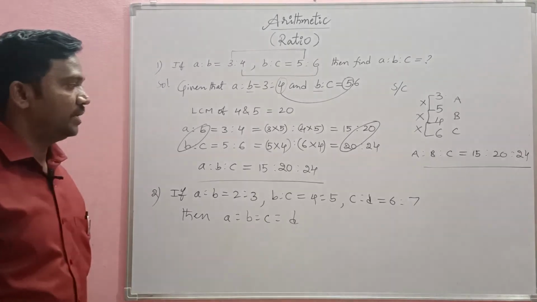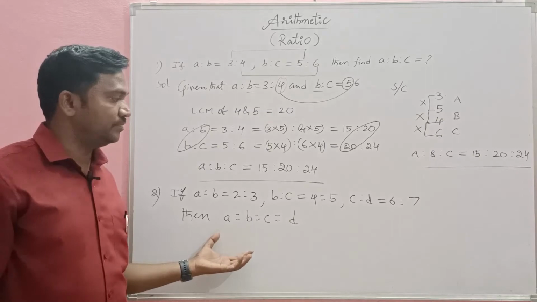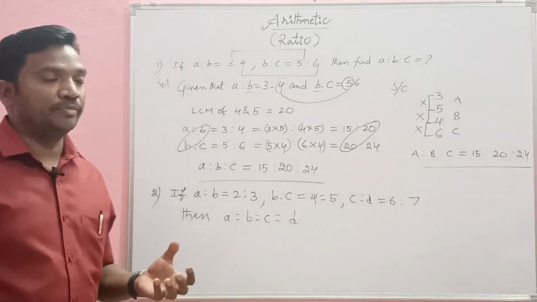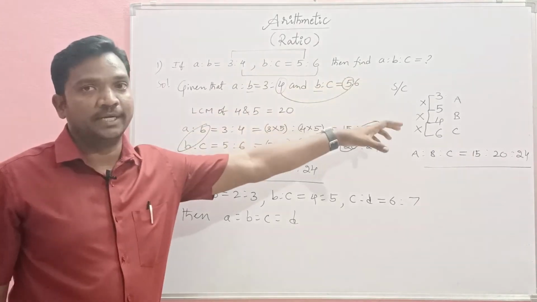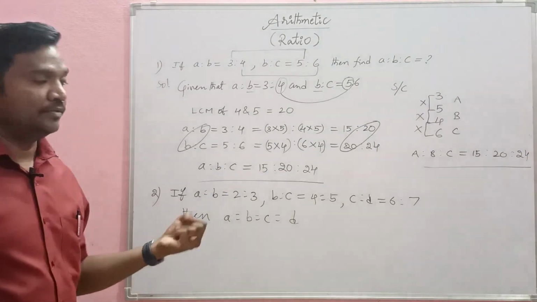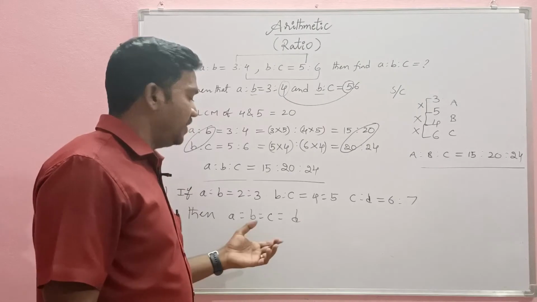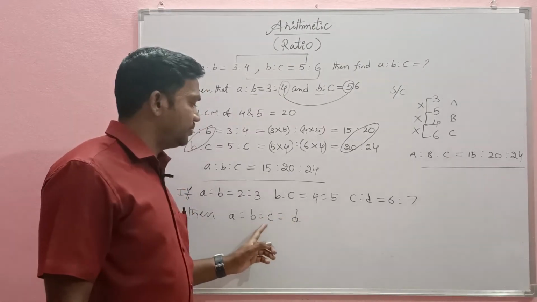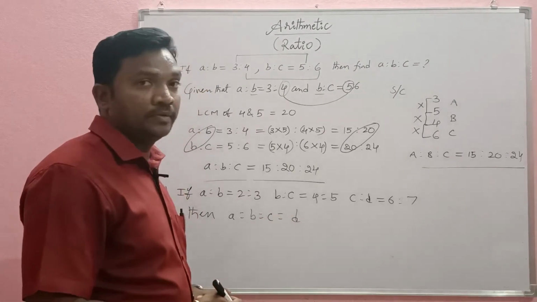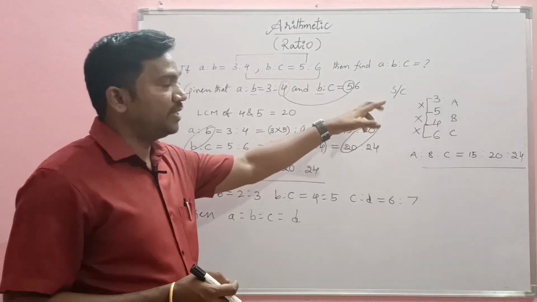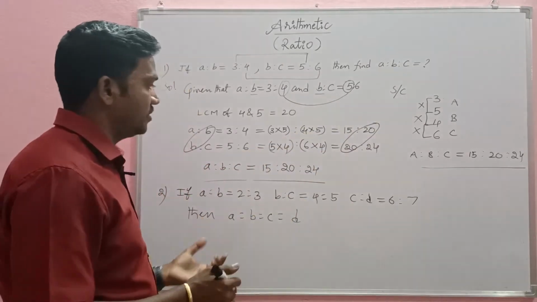Think once. How can you solve this? Very simple. By using the same shortcut, we can find the answer very quickly and very easily. To find the ratio of A is to B is to C is to D, we have to apply the same shortcut for this also.